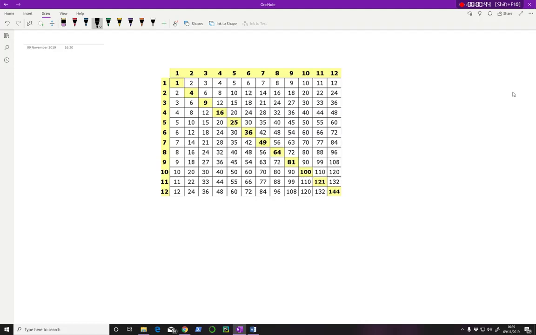The main mathematical foundation is our times tables. There's a reason why we were taught this and we were told to learn this so heavily during school. So times tables from 1 to 12. These numbers here, they are pretty much ubiquitous.